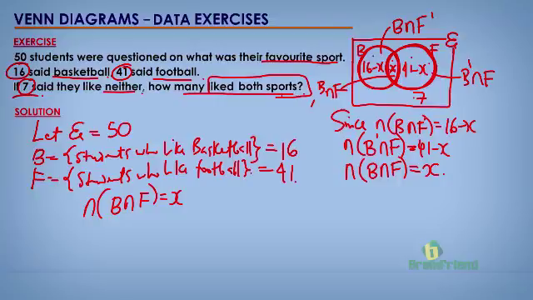And lastly, we have our region here, which we know the cardinality of as the complement of B union F, that is, B union F prime. It is the set of all elements of our universal set that is not in the regions B and F. And that we have as 7.